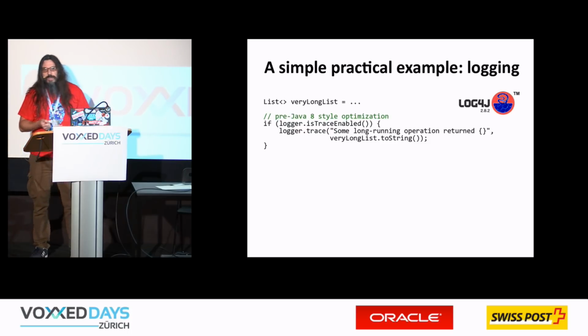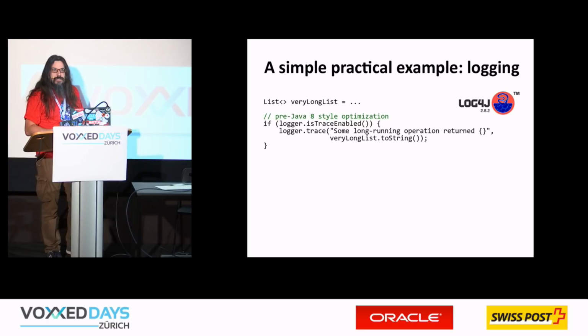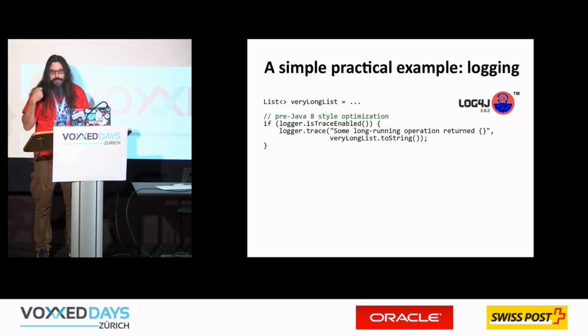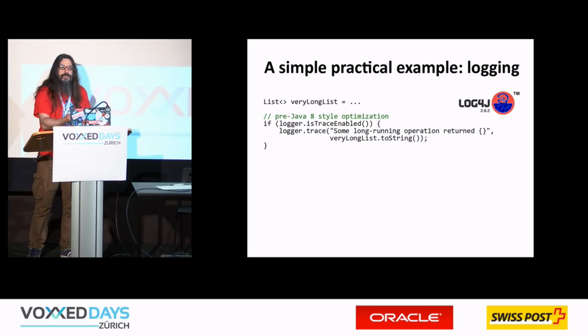And you can see this technique is already used in many libraries around. For instance, log4j is using it. Before Java 8, if you had a log sentence that was really computation intensive, you wanted to avoid it when you are not doing tracing.